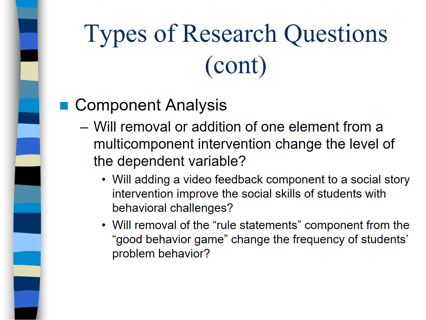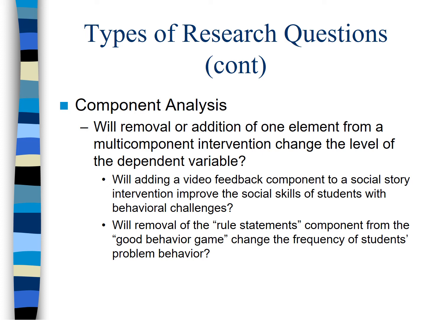Then you start to see more of the other types of questions pop up in research, like comparison studies. Okay, we know this works, but does it work better than the stuff we're already doing? So you might get some comparison studies, and then you get, okay, it works, and it does work better than what we're already doing, but how much of it do we need? So that would be the parametric type question.